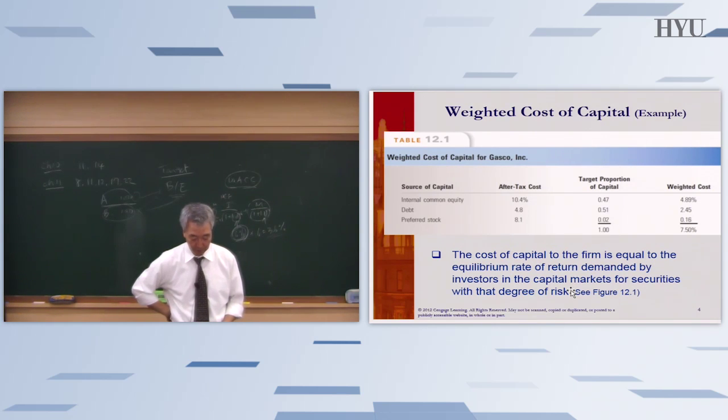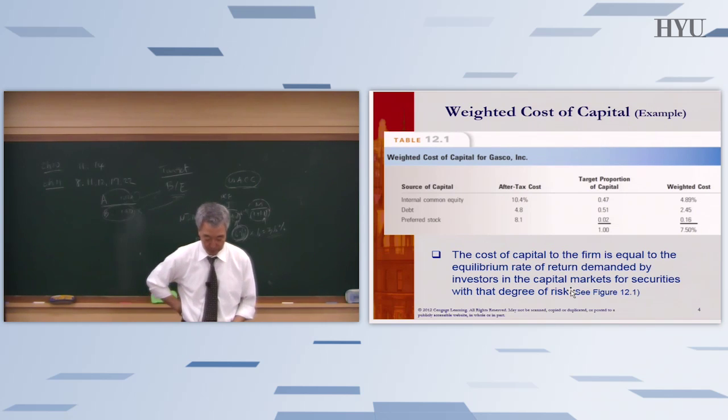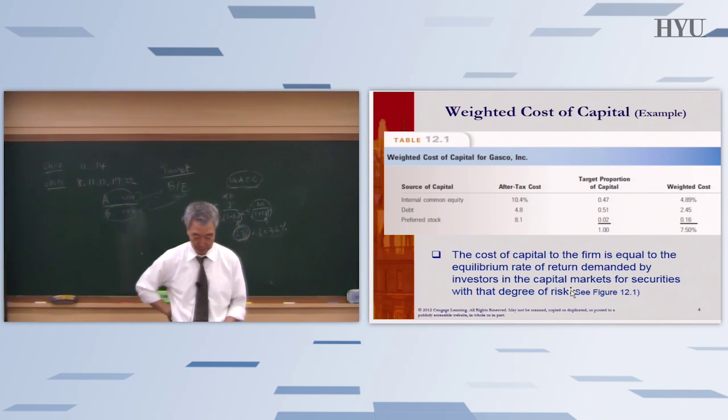And somehow we came up with the after-tax costs of 10.4%, 4.8%, and 8.1%. Right? And the target level of capital structure is 47% equity, 51% debt, and 2% preferred stock.